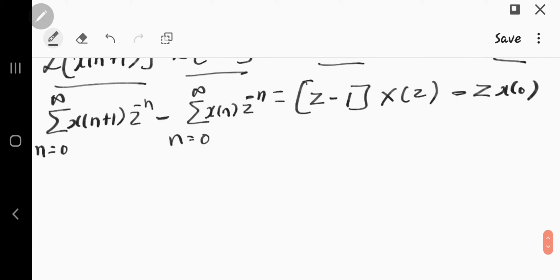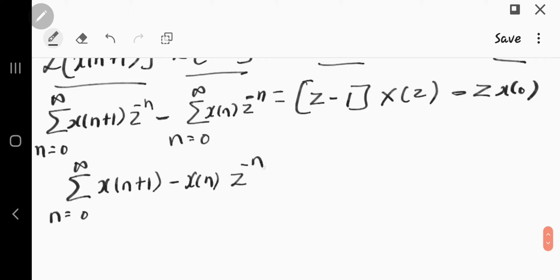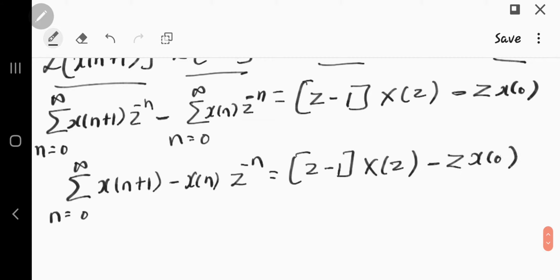So we can combine this: summation n is equal to 0 to infinity of x of n plus 1 minus x of n, z to the power of minus n, is equal to (z minus 1) X of z minus z x of 0.